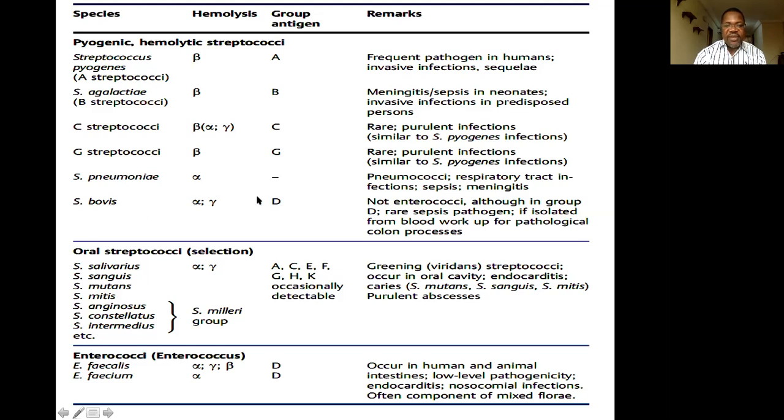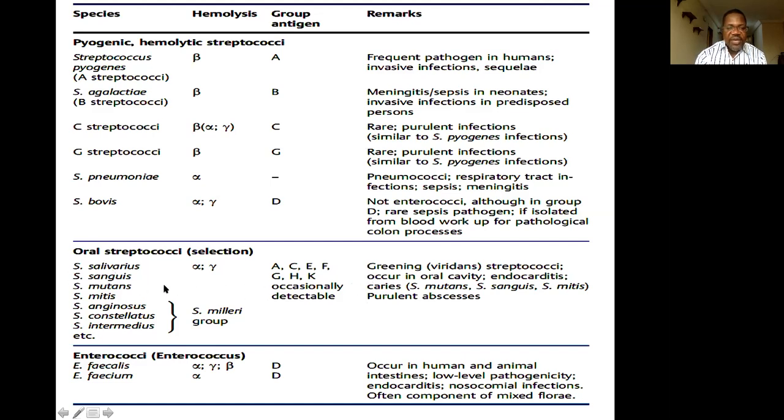And we have group D, that is not an Enterococcus, but it's called a non-enterococcal group D streptococcus, that is Streptococcus bovis. Besides those hemolytic streptococci, we have another group that we call oral streptococci, that are mainly alpha hemolytic streptococci. These oral streptococci were initially called viridans streptococci, and they mainly cause oral cavity infections or endocarditis.